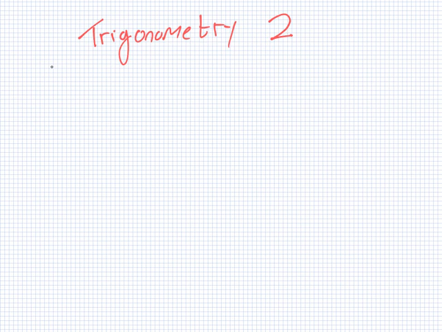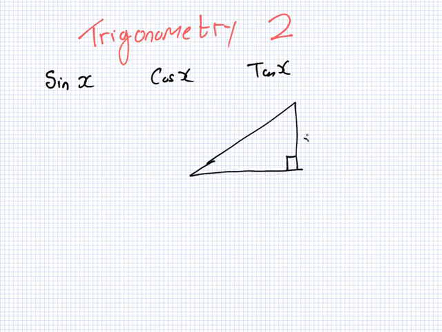Last semester and this semester we all studied and are familiar with sine, cos and tan, and when we look at the triangle, there's the opposite, the adjacent, the hypotenuse, and let's say there's x. There's actually 6 ratios you can form here.